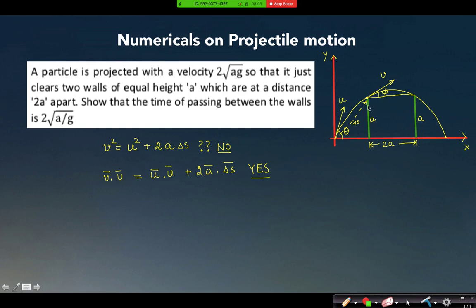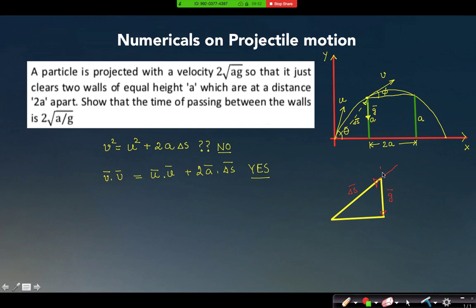So actually, I have to do a dot product with g vector and delta s. Can you tell me what I will get after a dot product of g vector and delta s? G dot delta s will be mod g into mod delta s into cos theta.